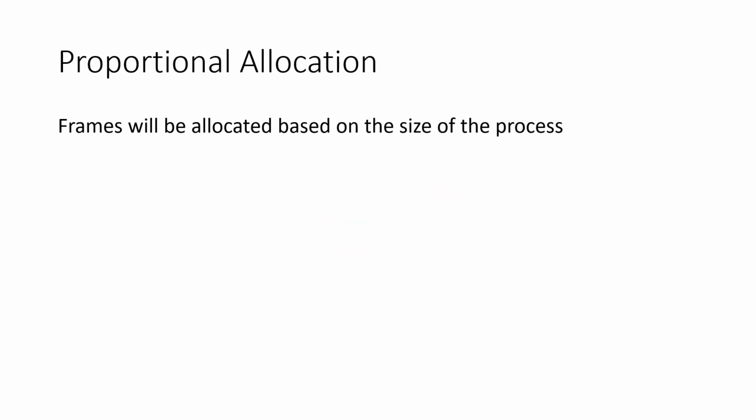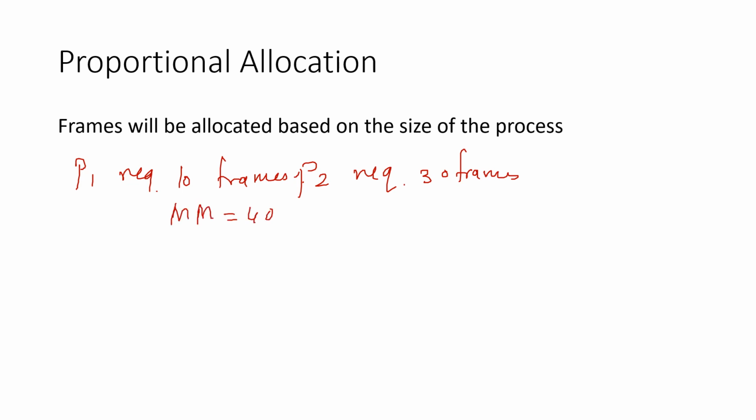So in proportional allocation, frames will be allocated based on the size of the process. So P1 requires 10 frames and P2 requires 30 frames, and main memory size is 40 frames.